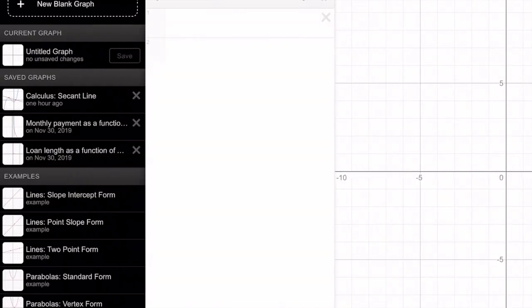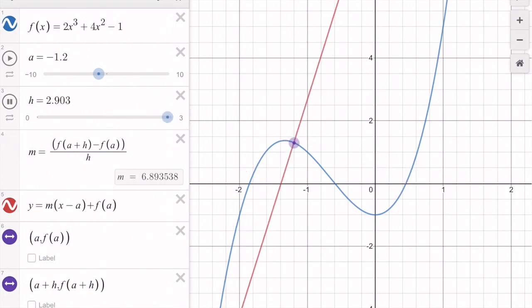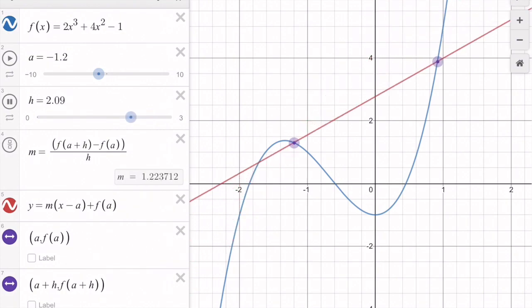So if I find my secant line graph here, I've got 2 points. You can see my 2 points in purple here. And if I play around with this distance between the points, I set this all the way up to 3 first, what happens as the points move closer together?